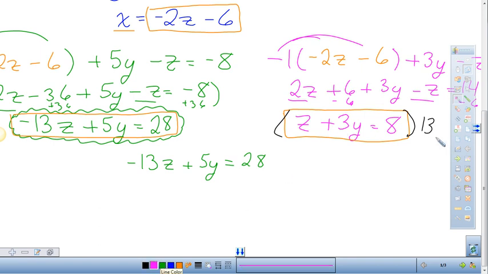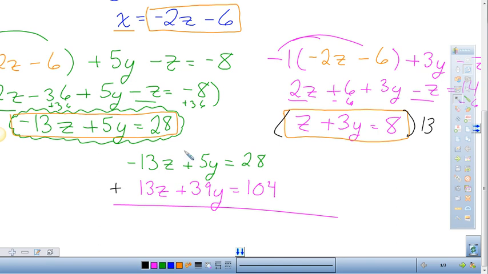So doing a little elimination, I'm going to end up with 13z, 3 times 13 is 39y, and 8 times 13 is 104. Alright, 104. So, if we add these guys up, this one goes away. I end up with 44y equals 132.